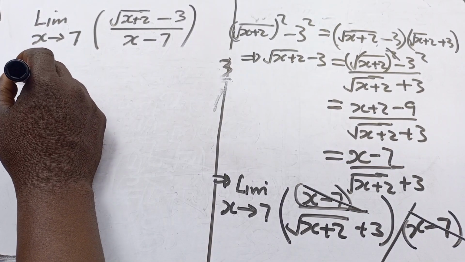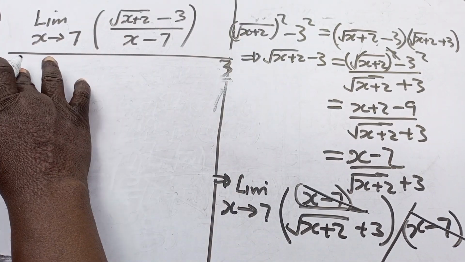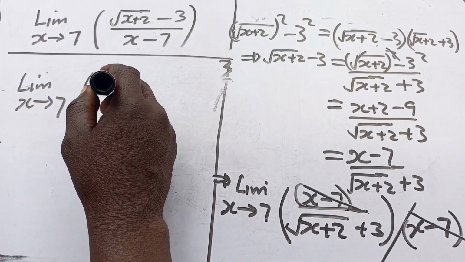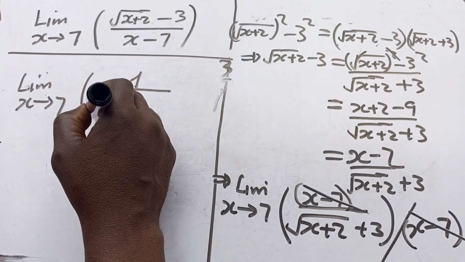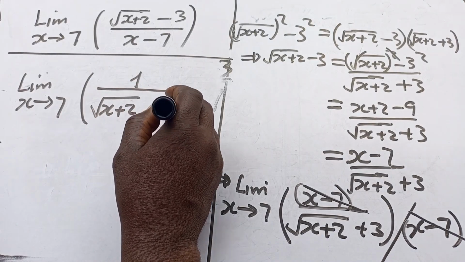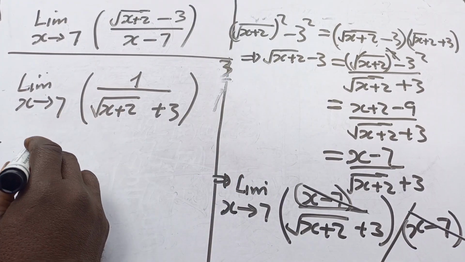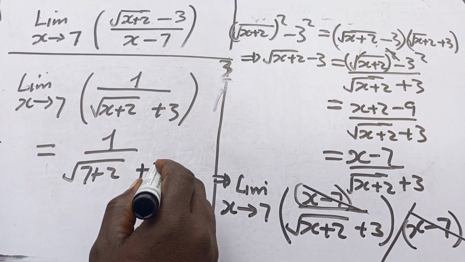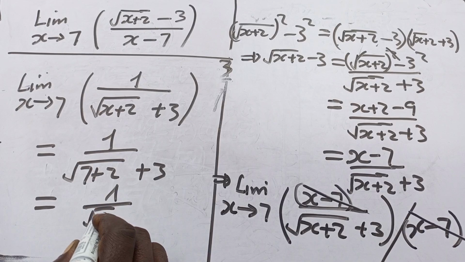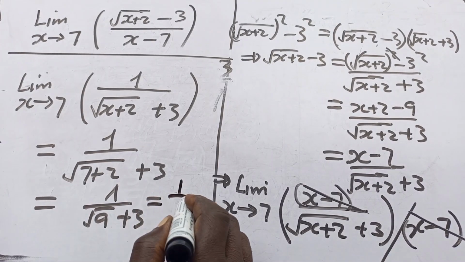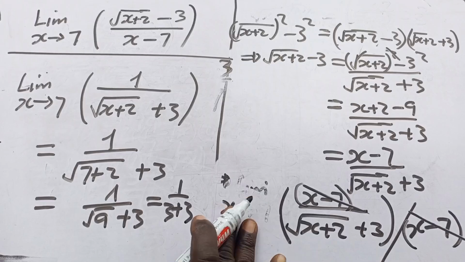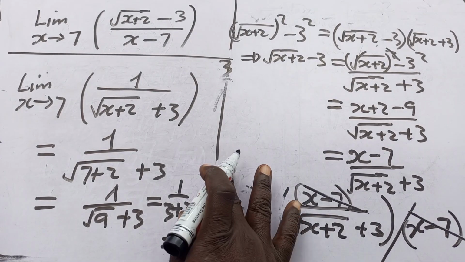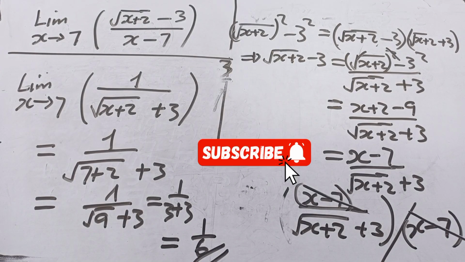And so our limit becomes limit as x approaches 7 of 1 all over (root of x plus 2 plus 3). Now let's place 7 there and see what we get. We have 1 all over root of 7 plus 2 plus 3, which is 1 all over root 9 plus 3, which is simply 1 all over 3 plus 3, which gives us 1 all over 6. So our limit is 1 over 6.